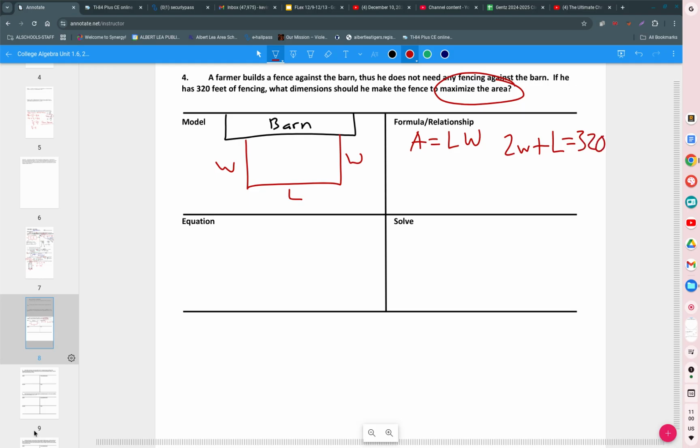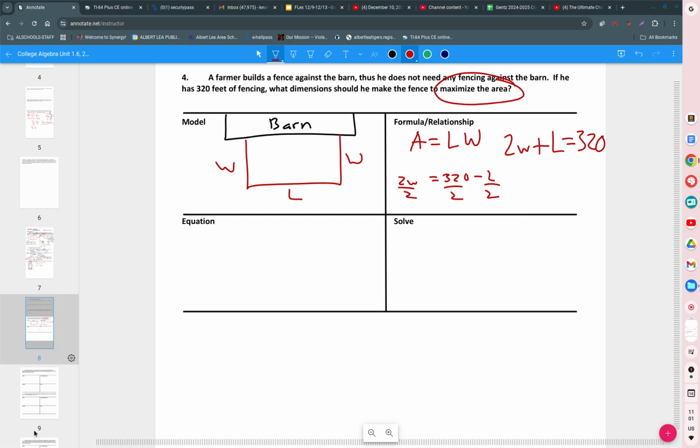There you have it. You have 2 equations, you have 2 variables. We are going to solve L equals or W equals. Do you think it's easier to have L equals or W equals in this situation? W. Watch what we do. Suppose that we were to solve W equals, you would have 2W, don't write this down, is equal to 320 minus L. And then you would divide by 2 and see how you get L over 2.